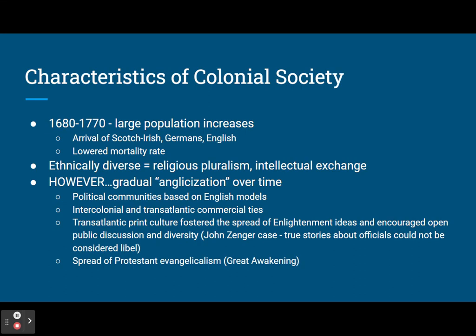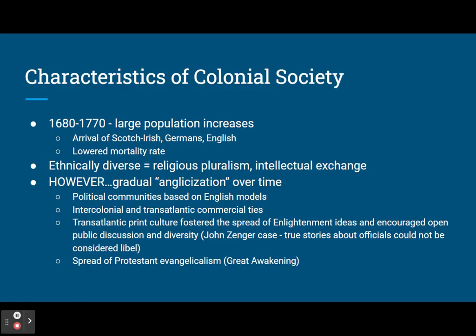Now, interestingly enough, an early case, the John Zenger case: John Zenger wrote for a newspaper absolutely lampooning one of the colonial governors, and he was sued for libel. His argument was that what he said was true, so it couldn't be libel. The judges were not inclined to believe this, but the jury, other colonists, were very moved by this argument. Him saying, "Hey, this is true.